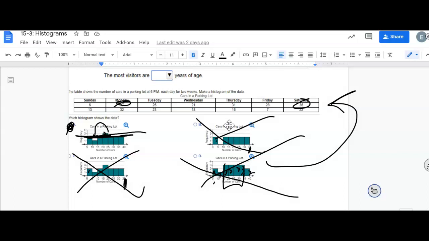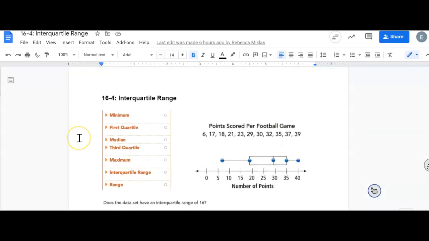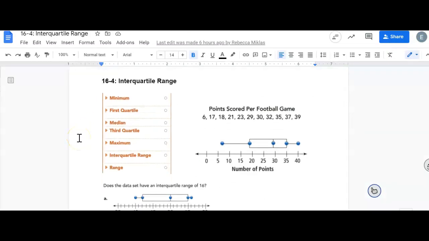All right. Let's go ahead and look at our guided notes then. Raise your hand if you've ever heard of interquartile range before. Not many of us. Okay, a couple of us.